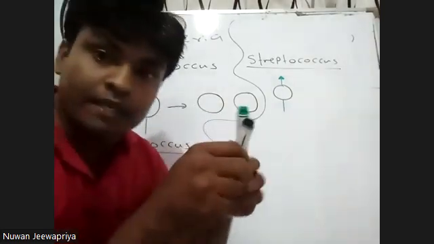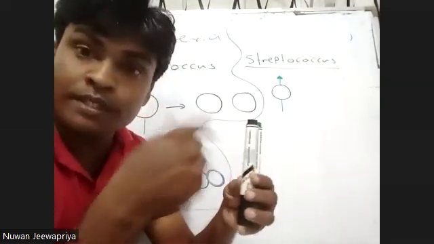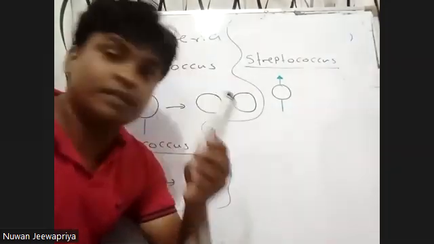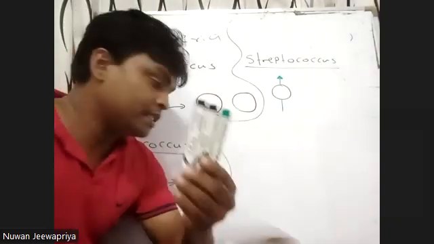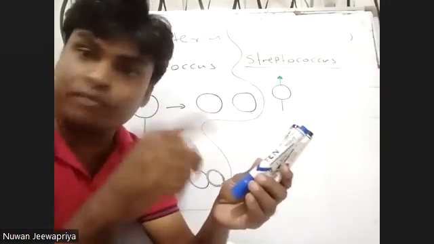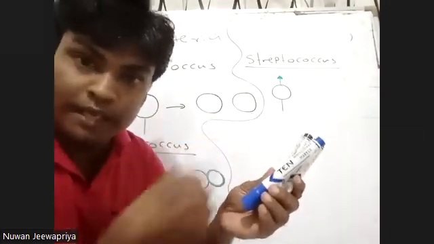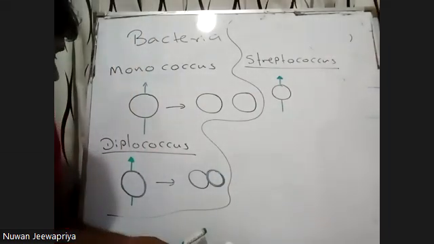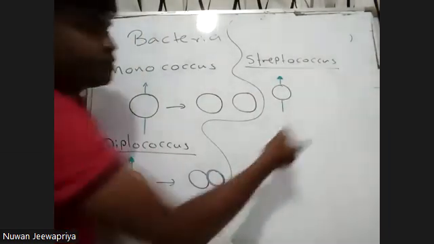But the thing is, the daughter cells, the newly produced cells, are not separating. They are always connected to each other this way. So it makes a chain of 8 or 4, like a chain is made. That is how the streptococcus is made.